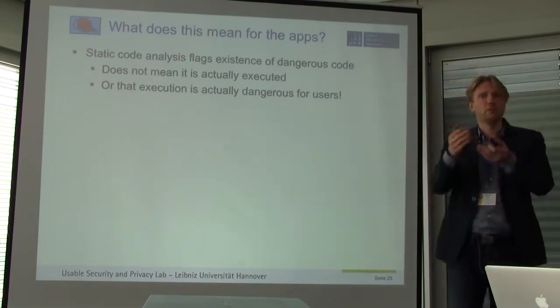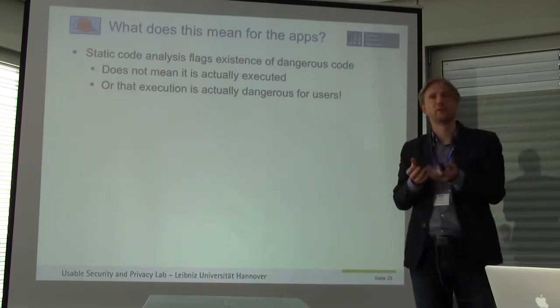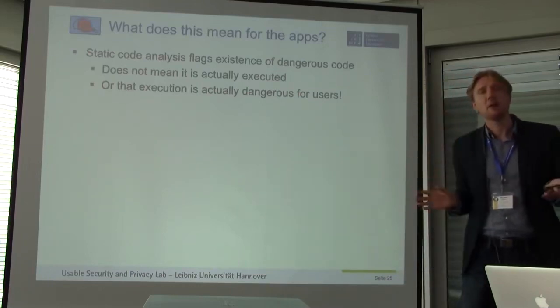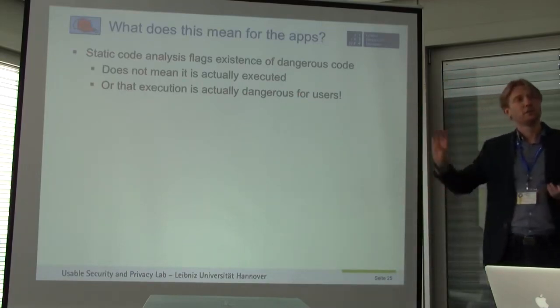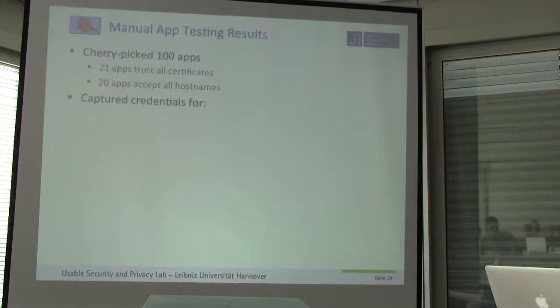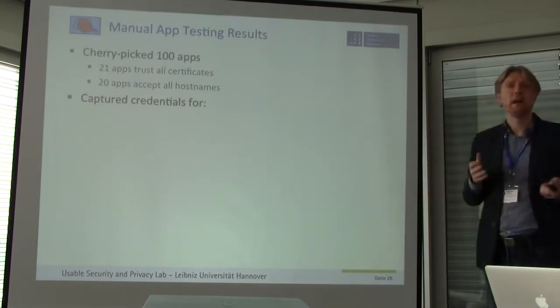In which case there would obviously be some flags which the developer can set to disable certificate checking in certain cases. And that might be completely fine. So these 17% of apps we found might not all really be broken. So what we did is we picked 100 apps from the big sample and did some manual checking.